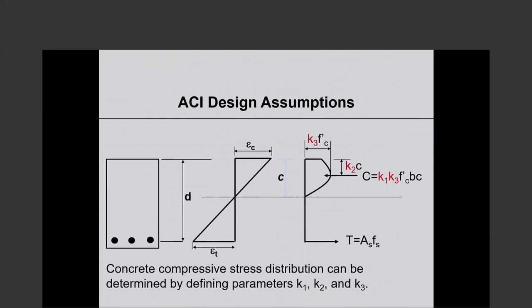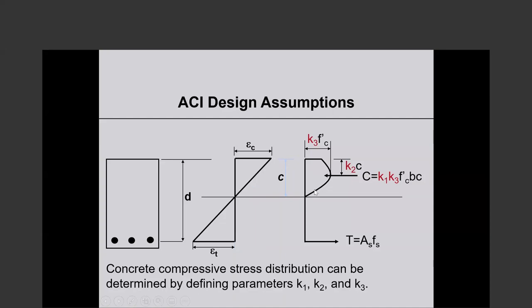So strain distribution is linear. The portion of the beam or section above the neutral axis is in compression. These are the compressive strains. For each strain, there is a corresponding stress. And if the stress-strain curve looks as I showed you, the corresponding stress distribution will look like this.